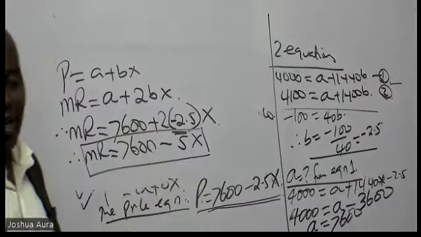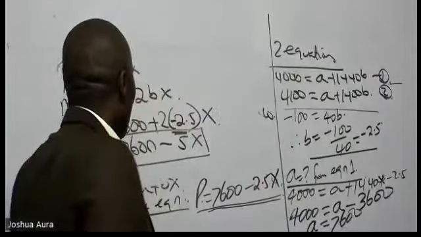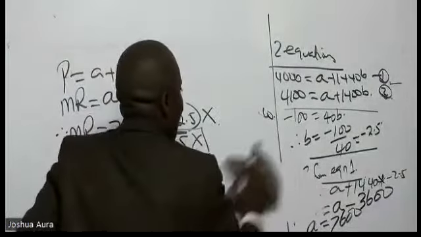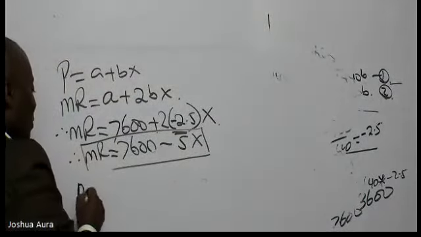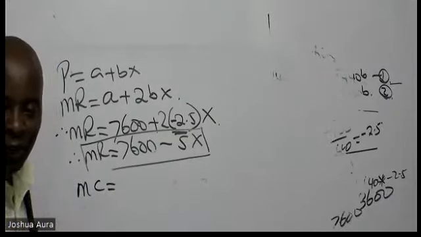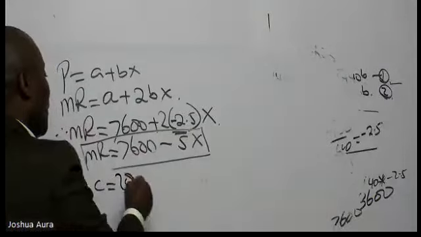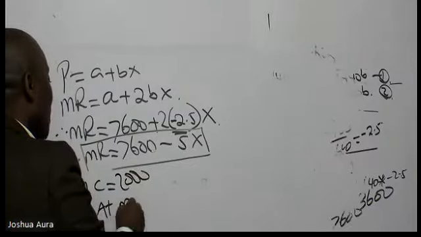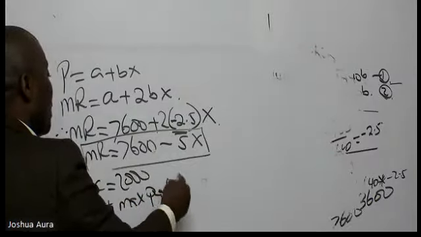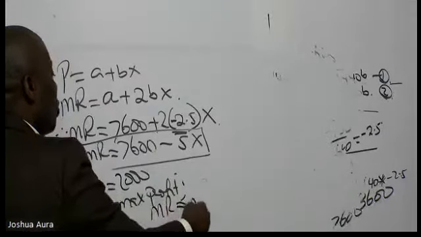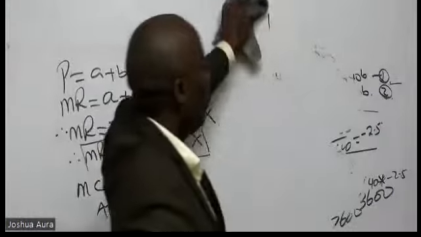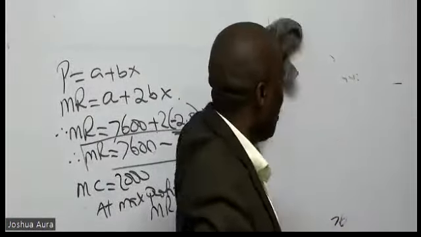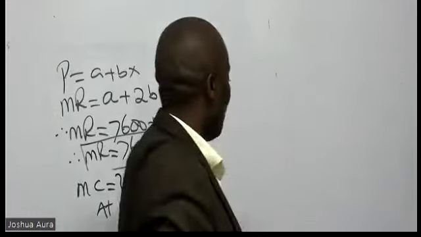Now, once I get this, remember that you guys had given me marginal cost. For the double room, you told me marginal cost is 2,000. And you told me that at maximum profit, marginal revenue should be equal to marginal cost.